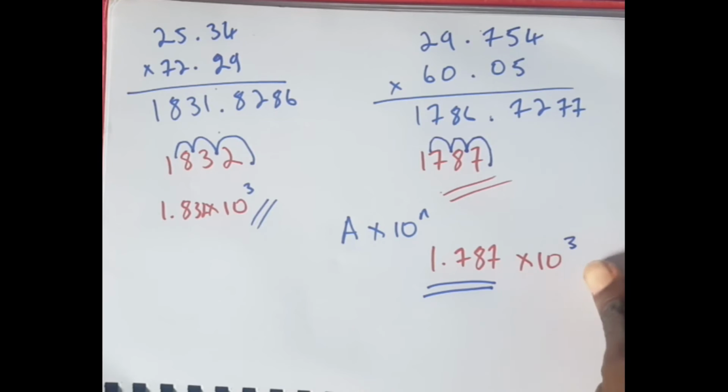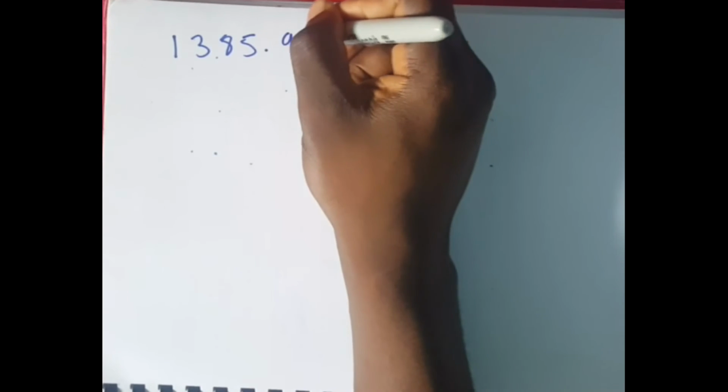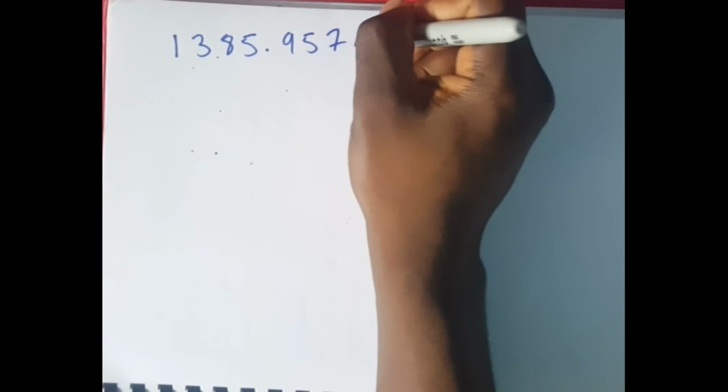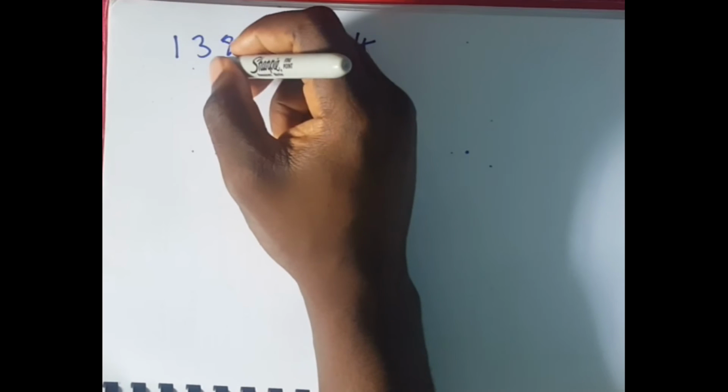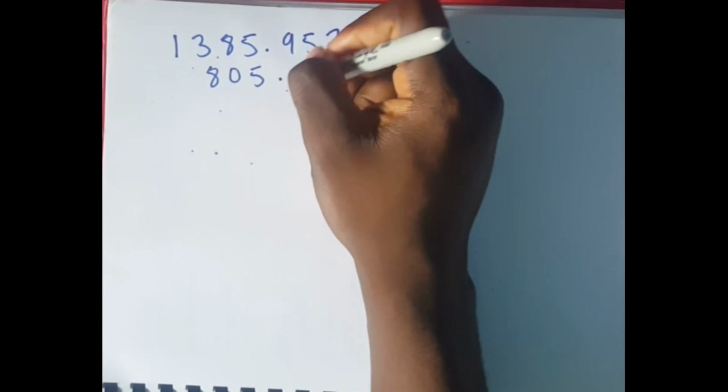Let me do 1 division and then that's it. So let me divide 1385.9574 divided by 805.83.